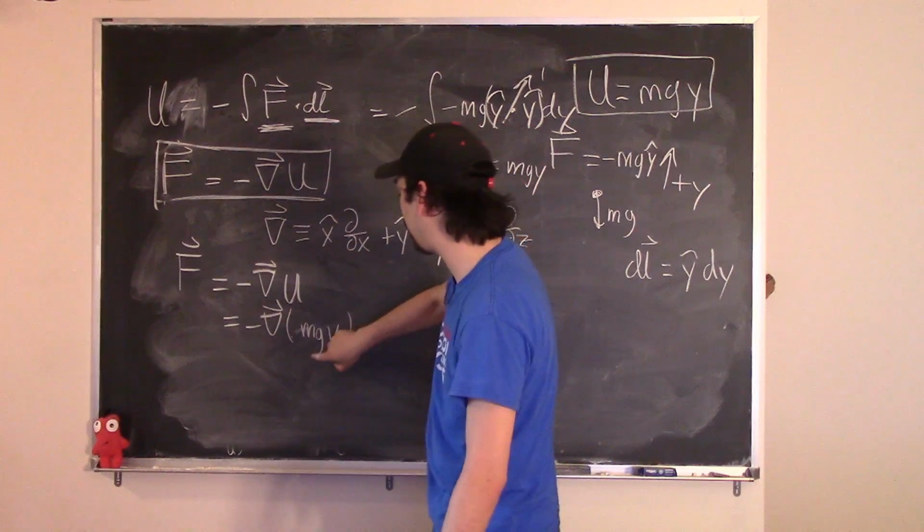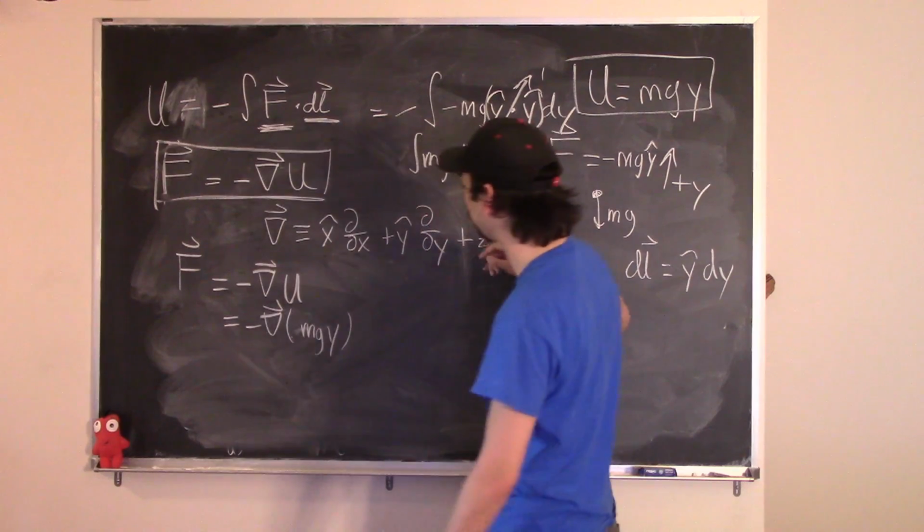So if I want to recover what the force was acting on this particle, what I would do is say that F is equal to minus grad U, which is equal to minus grad, this is a vector, so this is minus grad mgy. And then look at what the gradient says. The gradient's an operator in 3 dimensions, but there's no x dependency here, right?